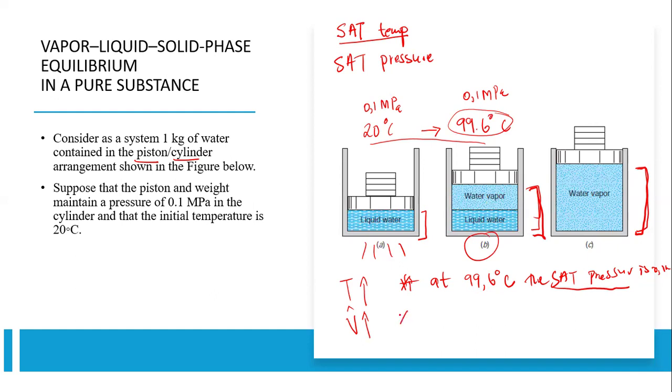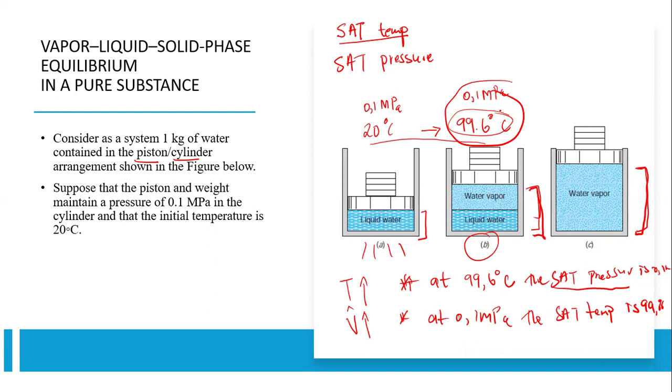And then again, when we talk about the saturation temperature, we're going to say at a given pressure, which is 0.1 megapascal, the saturation temperature is 99.6 degrees Celsius. You see, we use pressure and temperature to give one, vice versa. I hope that was clear what I have just explained over there.